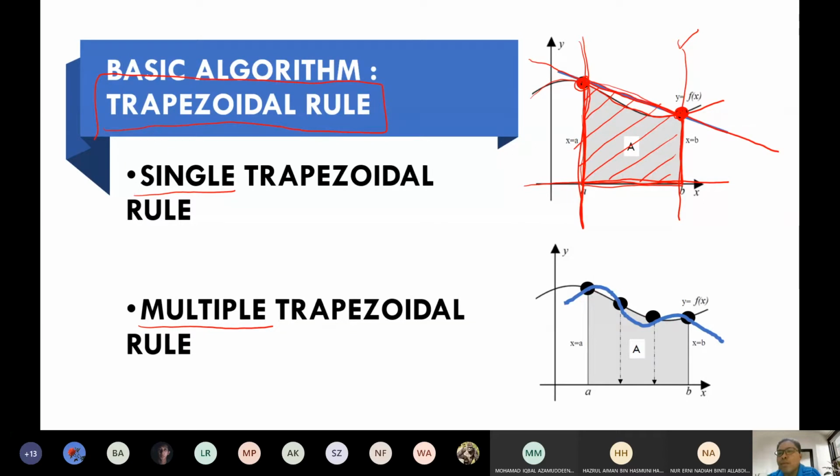So logically, if you see this diagram, this area does not represent the actual area. Why? Because you are not deducting this white area. Okay, so this method is not so accurate, but it can approximate the integration that you need by using the single trapezoidal rule.